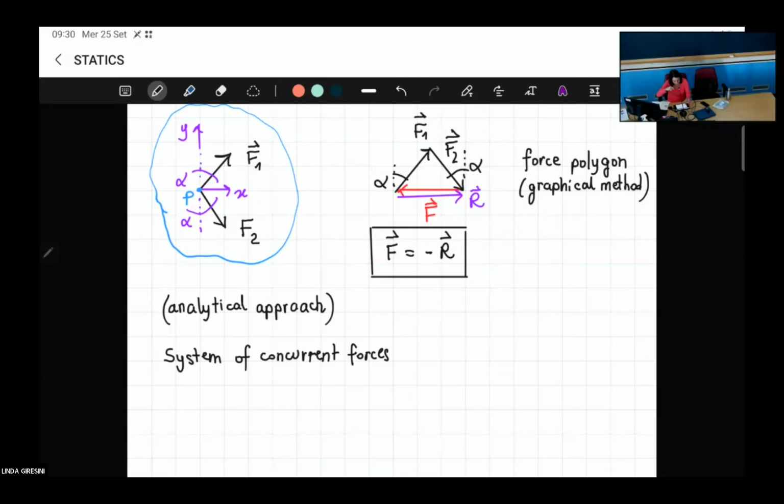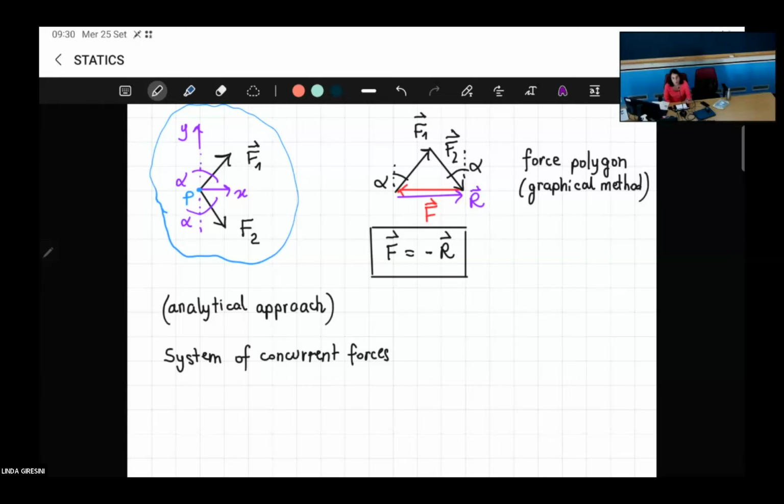As you can see, these two forces have the same point of application, but the lines of action intersect at one point. So in this case, they are called concurrent forces. If these forces were not concurrent, two equilibrium conditions would not be sufficient.